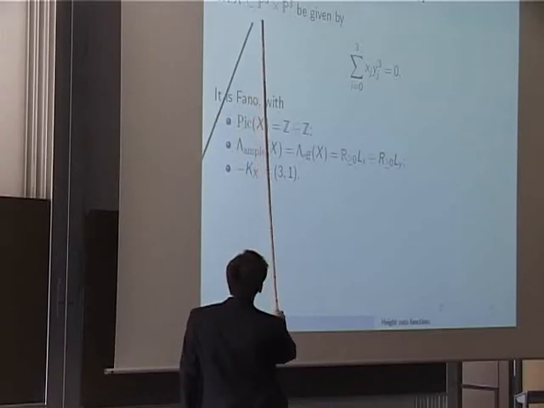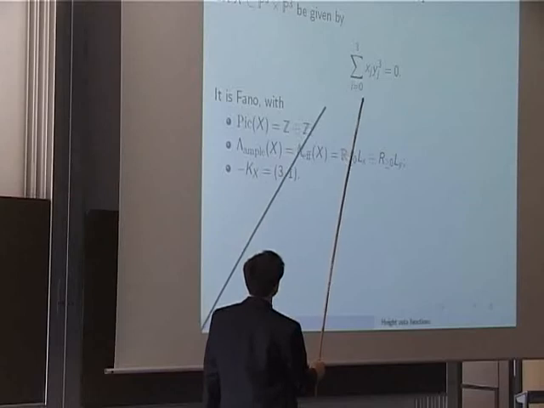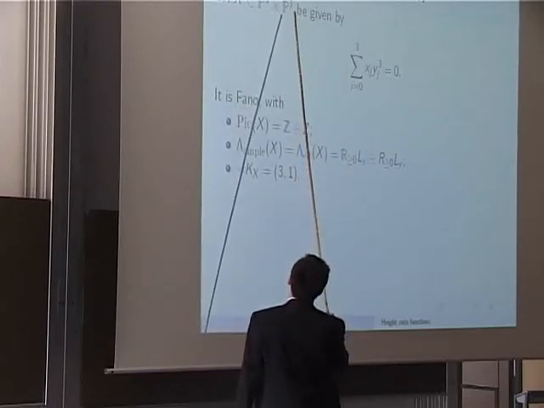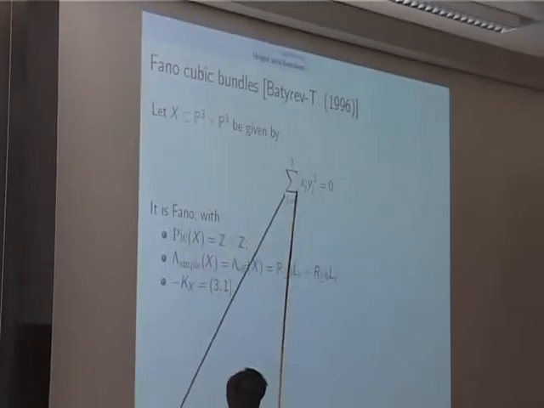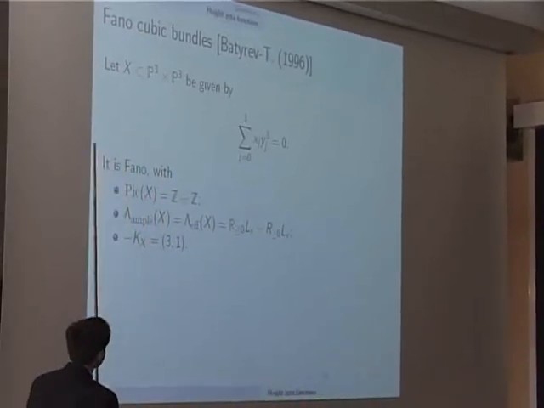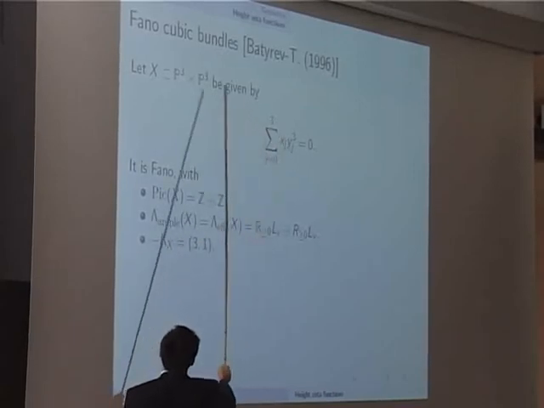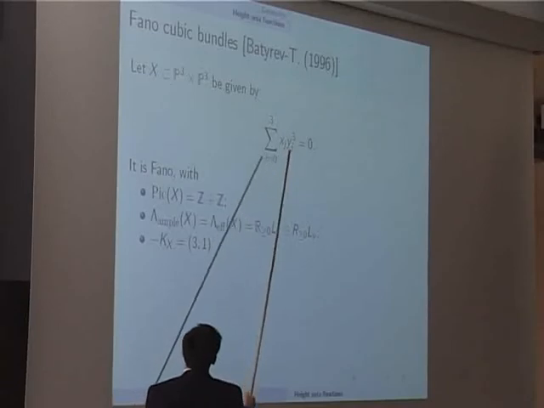We looked at a hypersurface in a product of P3 and P3, so a bihomogeneous form. It's homogeneous in the x's, which are the coordinates here, of degree 1, and homogeneous in the y's of degree 3. So this is your hypersurface. And it's Fano, because again, you count the variables. In the x's, you have 4 minus 1, it's positive, and in the y's, you have 4 minus 3, it's also positive.